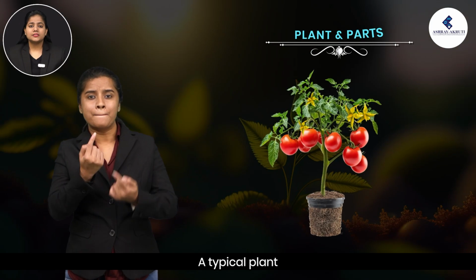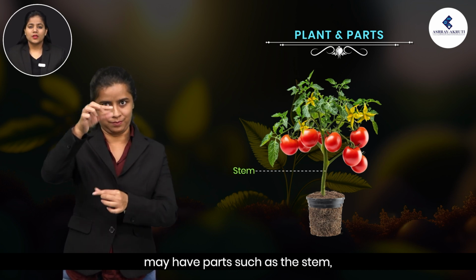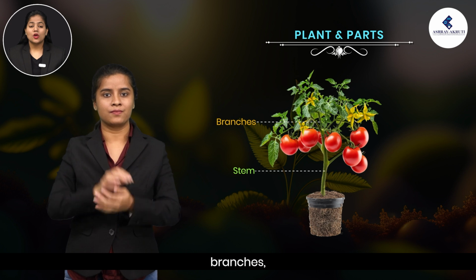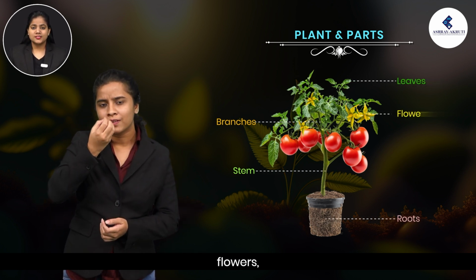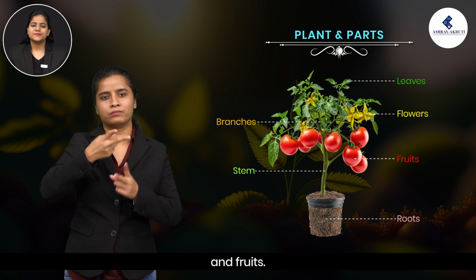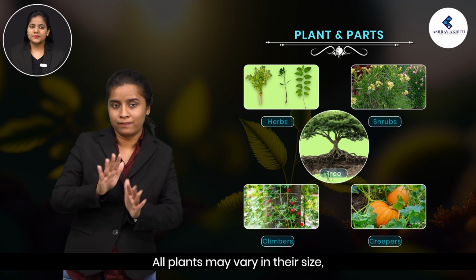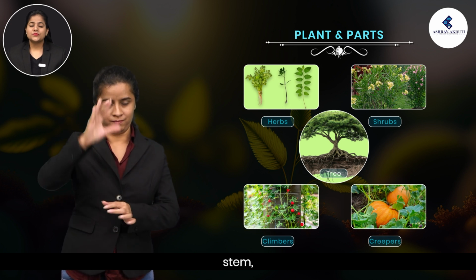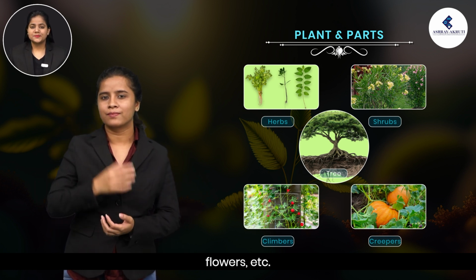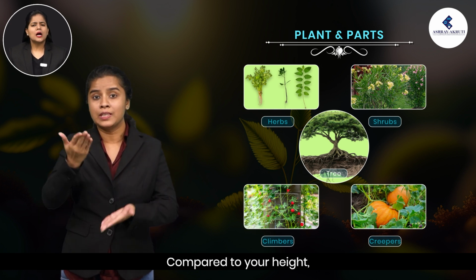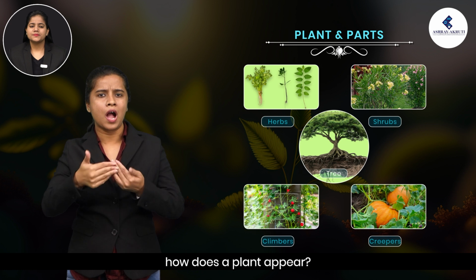A typical plant may have parts such as the stem, branches, roots, leaves, flowers, and fruits. All plants may vary in their size, stem, roots, leaves, flowers, etc. Compared to your height, how does a plant appear?